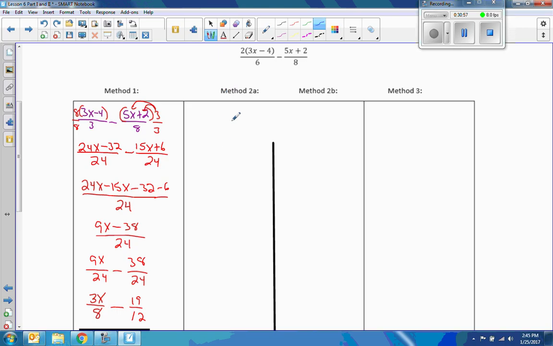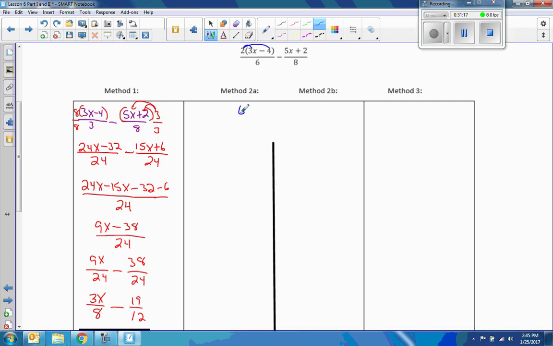Okay, so the first thing I'm going to do, one method, in solving this here, is to multiply. Okay, what we're going to do here is distribute.